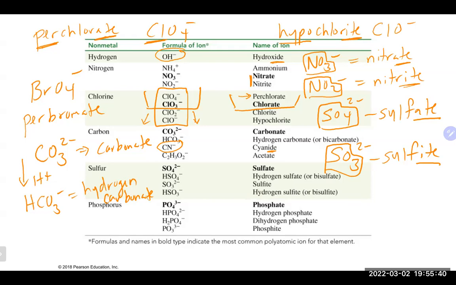Instead of hydrogen carbonate, they will use the bi instead of hydrogen. You also see that with sulfate. If you put an H plus on sulfate, they will call it hydrogen sulfate or bisulfate. So if you see the word bisulfate or bicarbonate, it basically means you put an H plus on top of whatever it's called, carbonate or sulfate.